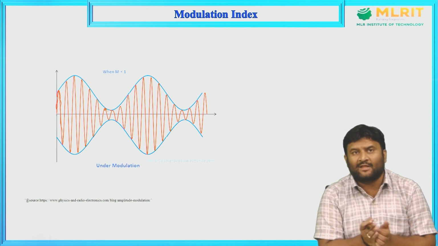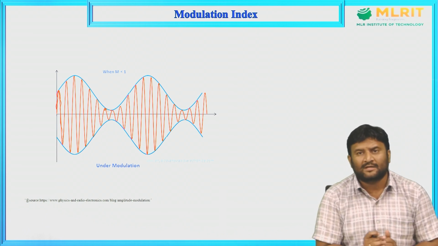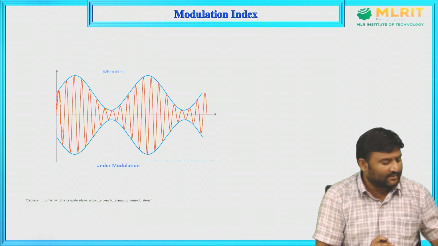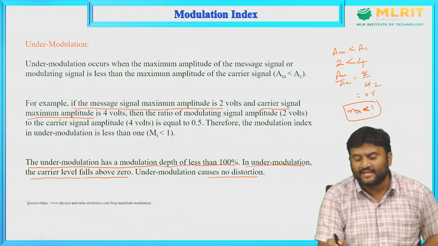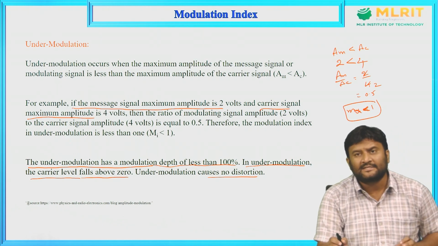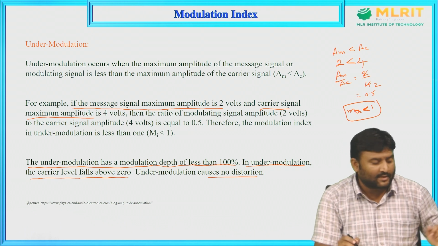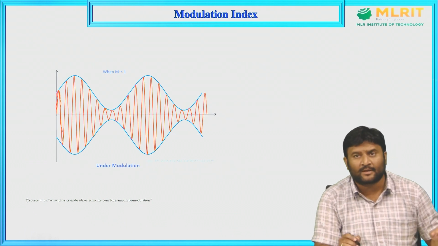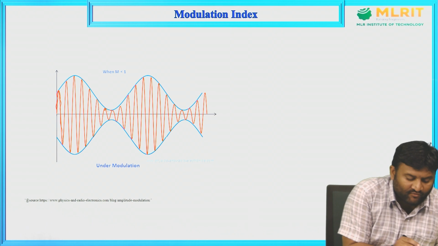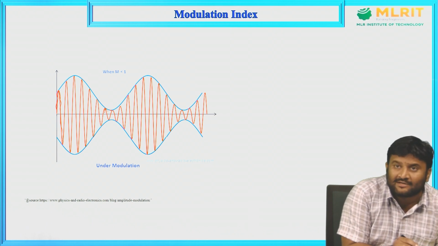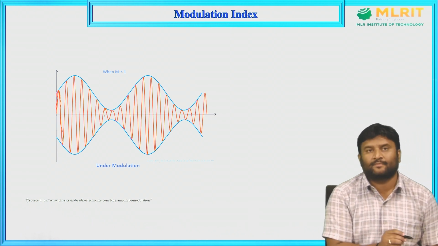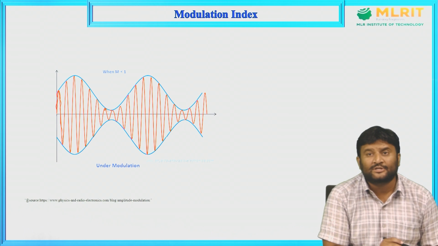Both amplitudes are not equal. That means MA is less than 1, the carrier signal has a certain value, it's not equal to 1. That's why there is no distortion, but when falling to 0, it does not reach the 0 level.